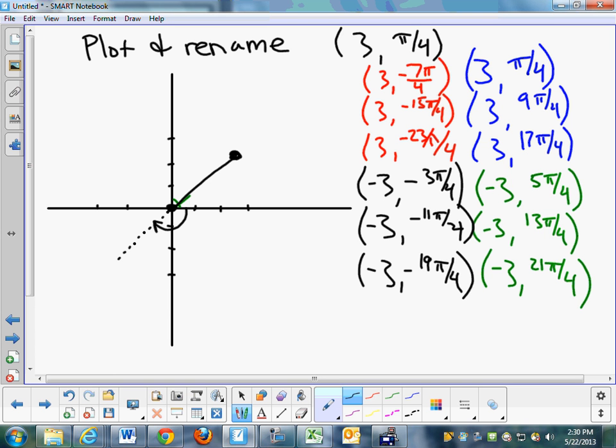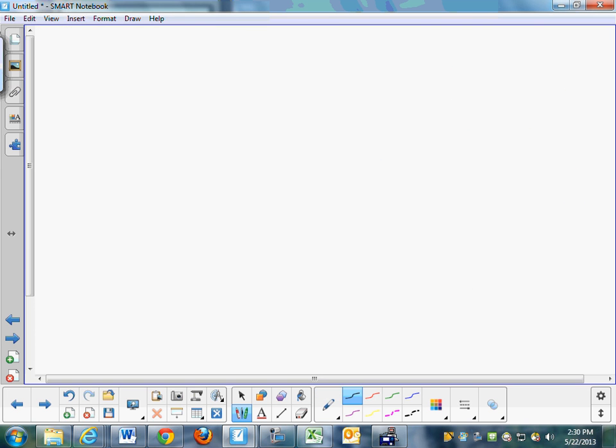Are you ready to practice plotting these on your own? Okay, so I'm going to give you some examples, and we'll see if you can do it. So on your own, plot the following.